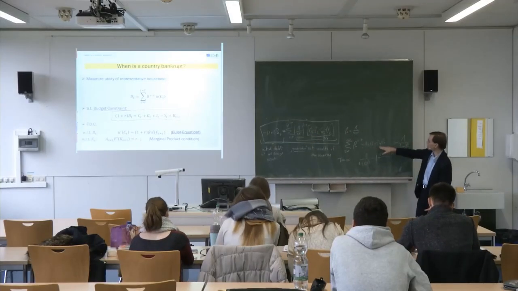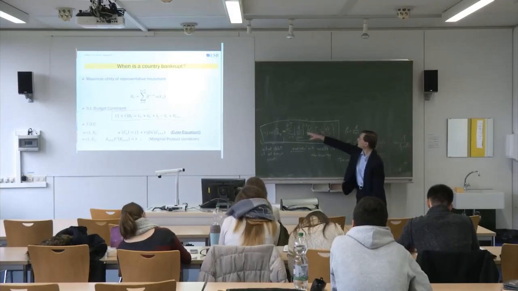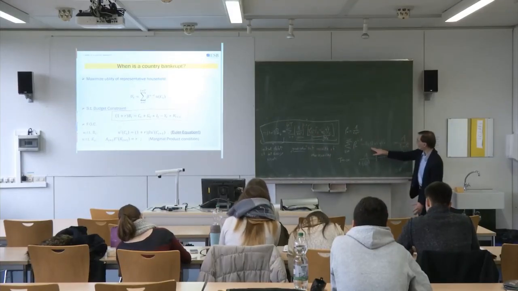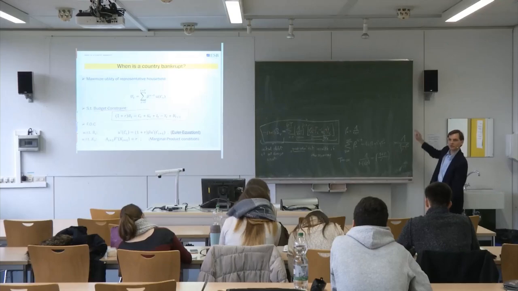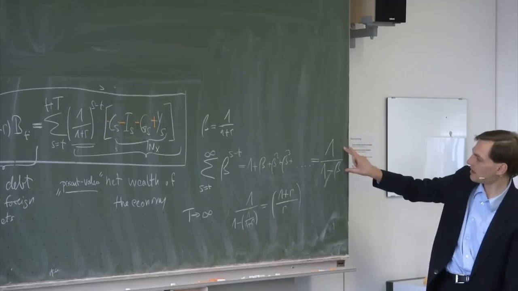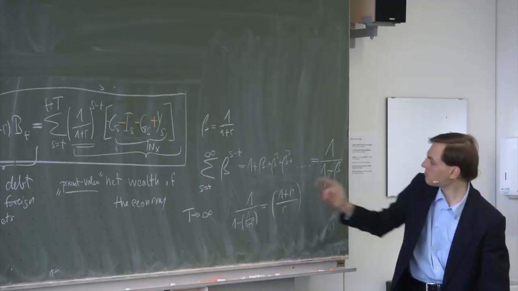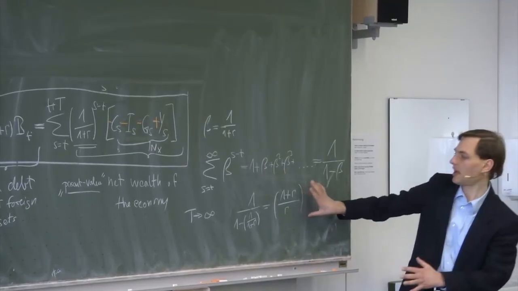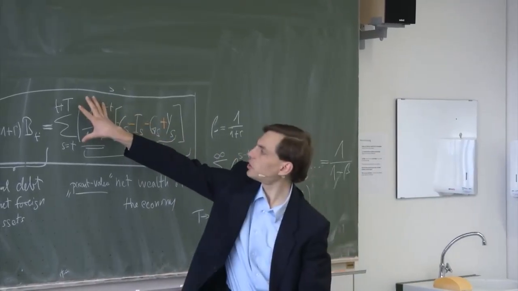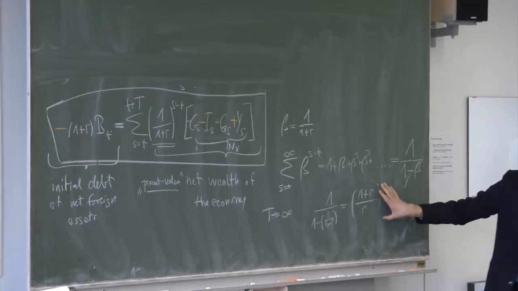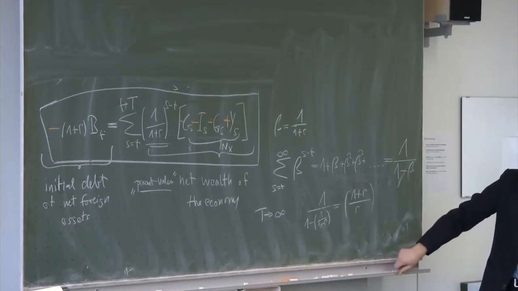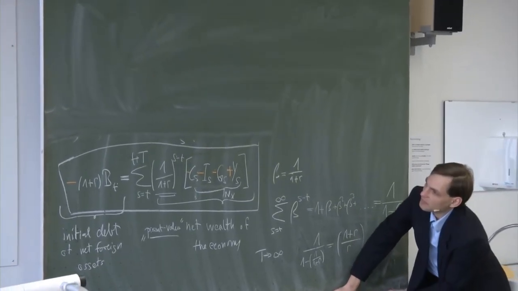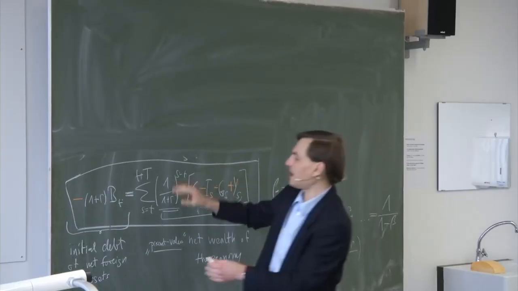That was my argument here: substituting first this term as beta and then seeing that this is a sequence. We know that this converges to this level, and bringing back for beta my definition of 1 plus r, I see immediately, okay, this term here can be written as 1 plus r over r. So in this case, obviously my budget constraint simplifies.